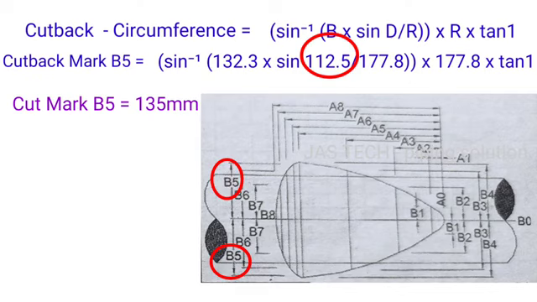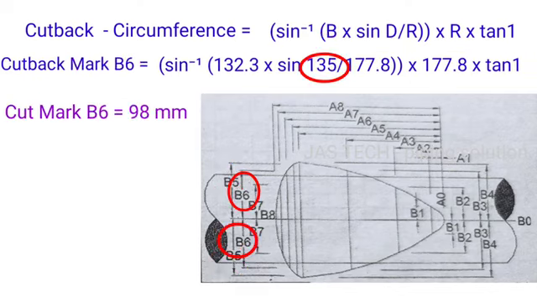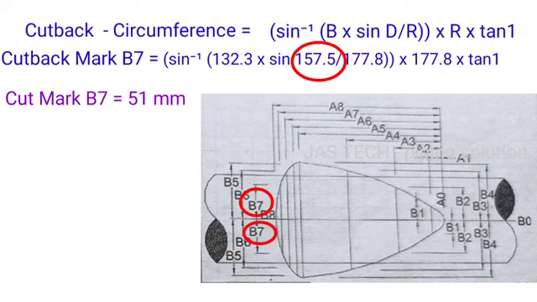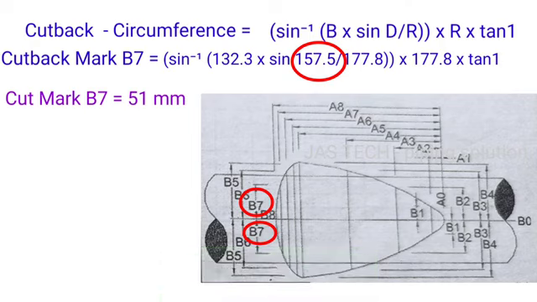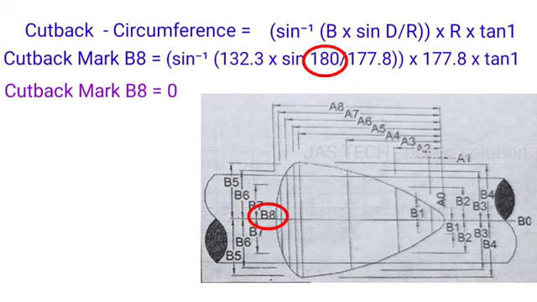So the answer is 135 mm. Same way, cut mark B6, the D value 135. So the answer is 98 mm. B7 cut mark, D value 157.5. So the answer is 51 mm. Finally, B8 cut mark, the D value 180. So the answer is 0.